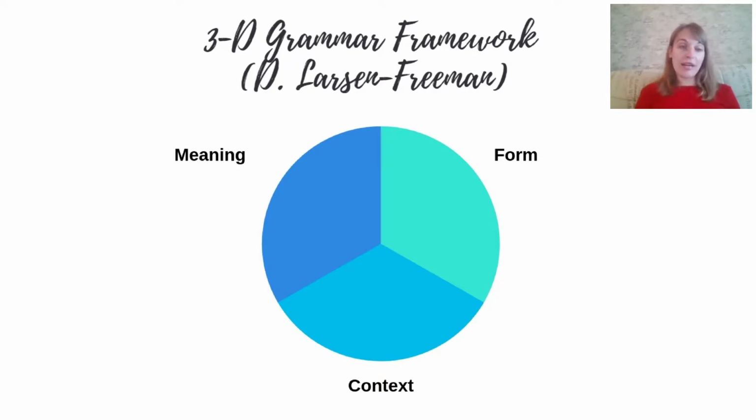And learners must be aware that this is not the only context. There are other contexts. Moreover, in other contexts, this phrase or grammar structure could have different meanings. So we draw their attention not only to the context, but also to the particular meaning in this context. And then we draw their attention to form. Students need to be aware of the form, and they need to be able to notice the form of the grammar structure.